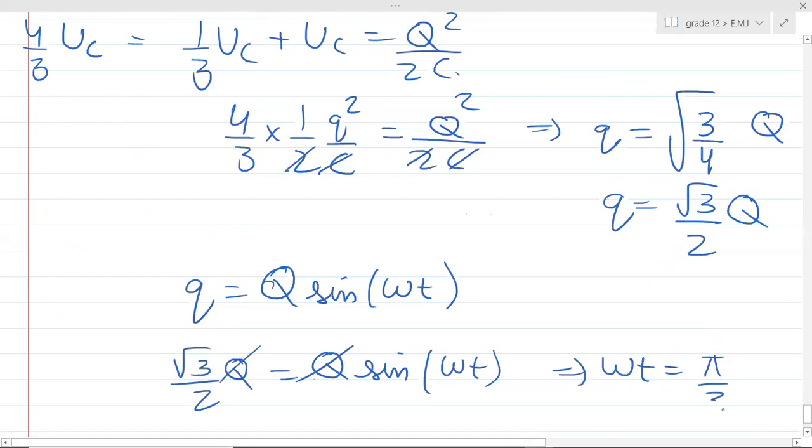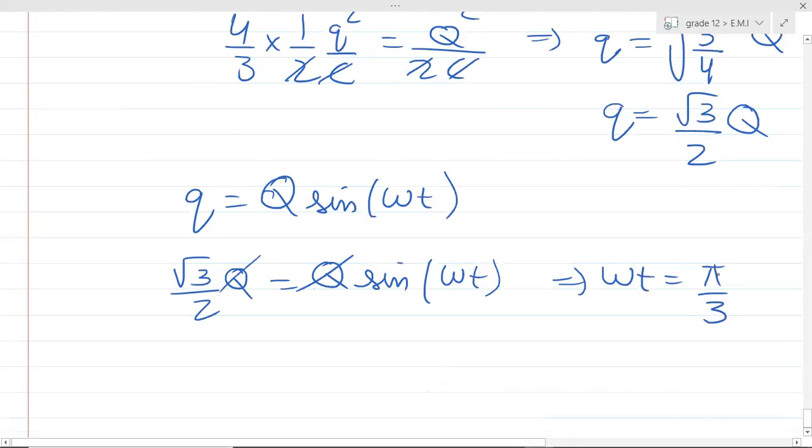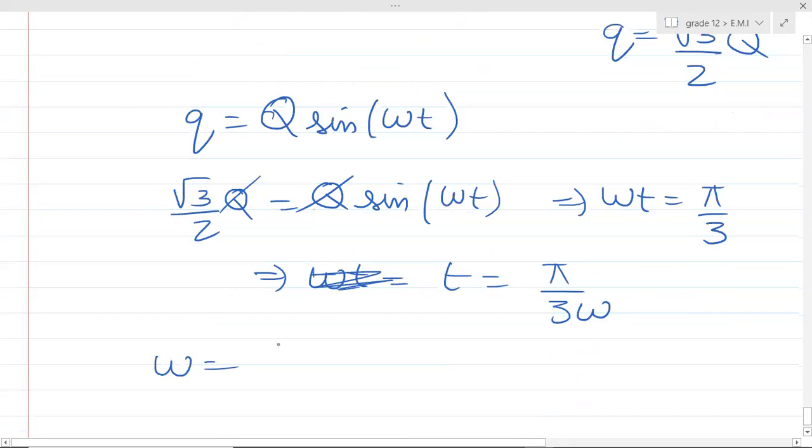Pi by 3, 60 degree. 60 degree can also be written as pi by 3 radians. Everyone knows this. So omega t will be equal to pi by 3, or basically you can write t is equal to pi by 3 upon omega, and omega I can calculate. Can you calculate omega? Yes, sir. 1 by under root of LC. So calculate this and put it over here, and that's the answer.